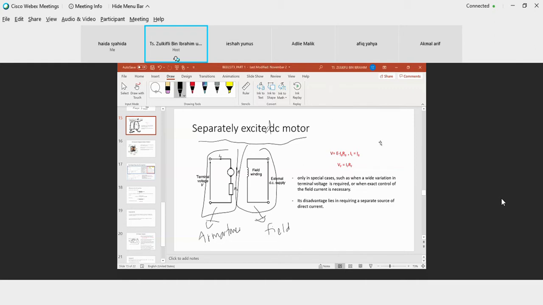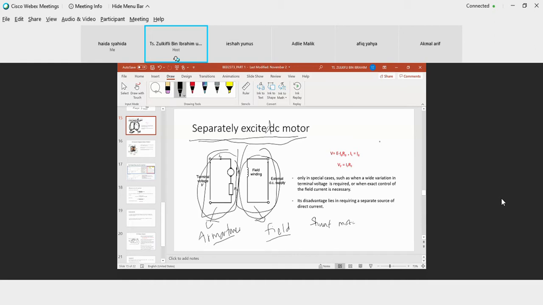Dengar? So now you have a separately excited DC motor. So you'll have two separate circuits. One is for the armature windings and the other one is for the field windings. Okay, so basically its performance is the same as the shunt motor.